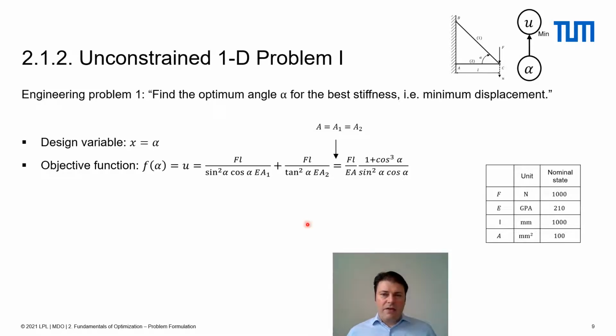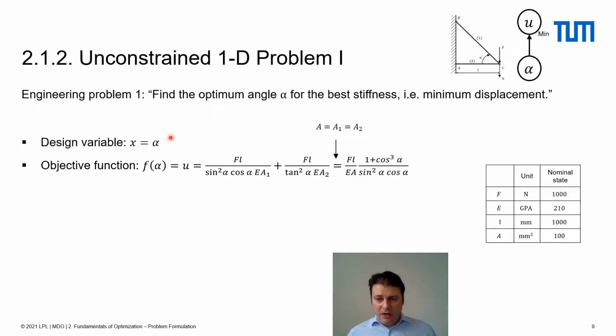Now let's look at the first engineering problem. It says, find the optimum angle for the best stiffness, that is minimum displacement. Well, best stiffness here implies that best is always the highest or largest stiffness. And we restrict ourselves right now to alpha as a design variable.